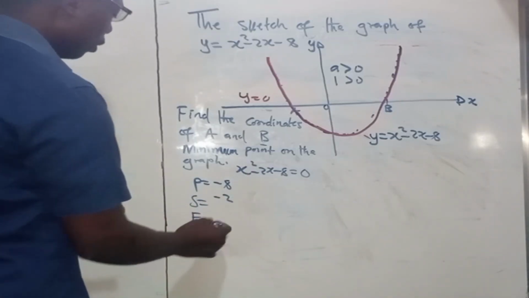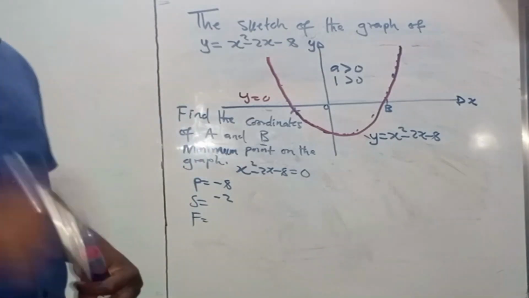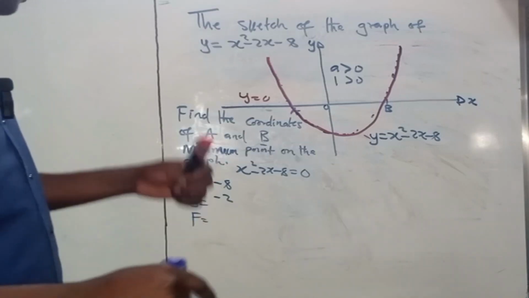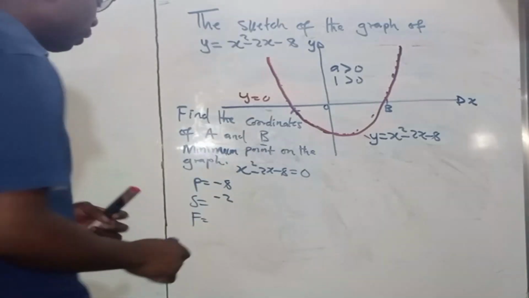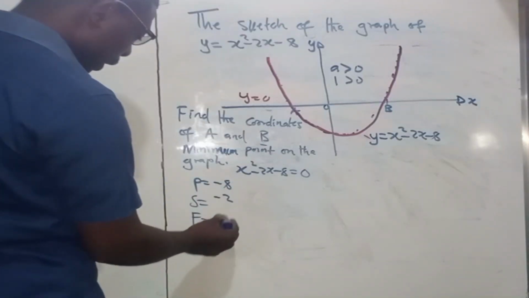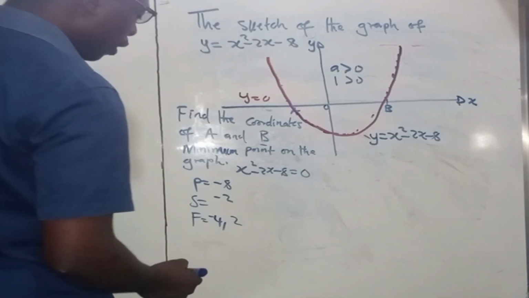Now we look for two numbers such that when we multiply them we get negative 8, and when we add them we get negative 2. What are these numbers? Negative 4 and 2.